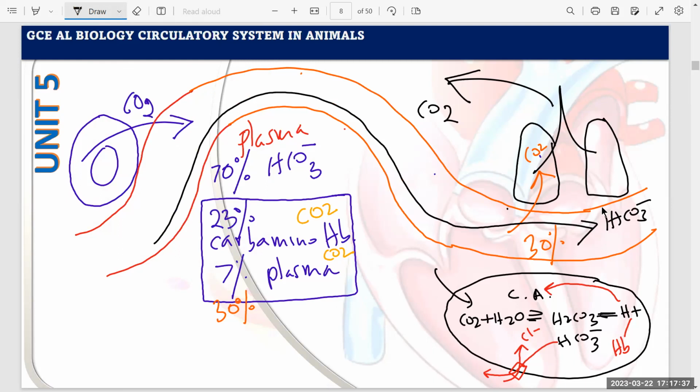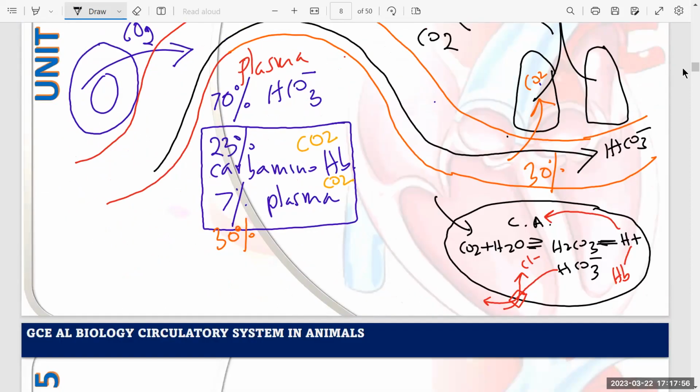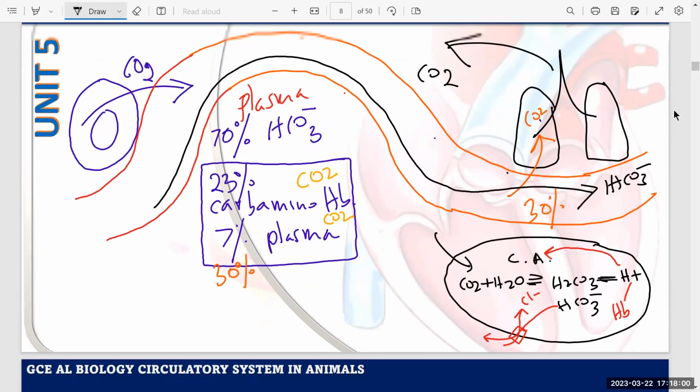So we want to understand how bicarbonate ion is removed out of the body. Today we're going to learn removing of bicarbonate ion from the lungs. It is very easy to understand why: the reaction is the backward reaction of what is happening in the respiring cell.